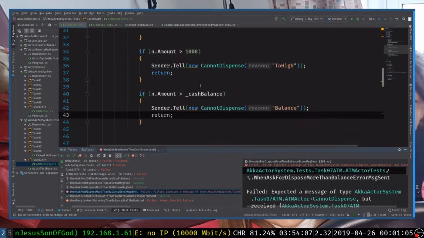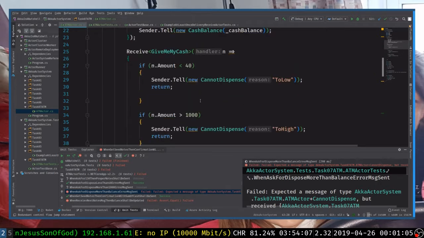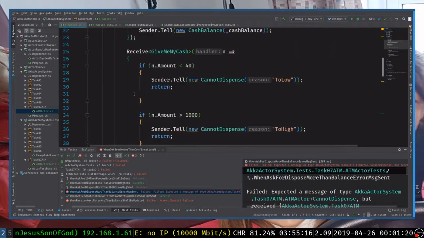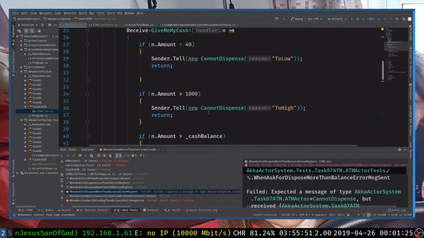And that's really interesting. So what do we have here? ATM cash amount. Is lower than 40. No. If amount is bigger than 1000, no.